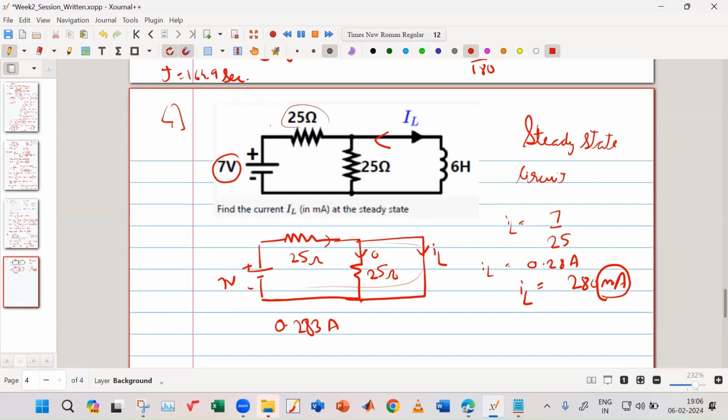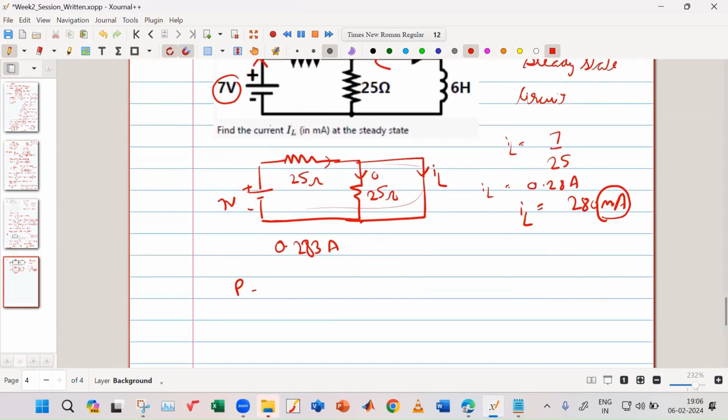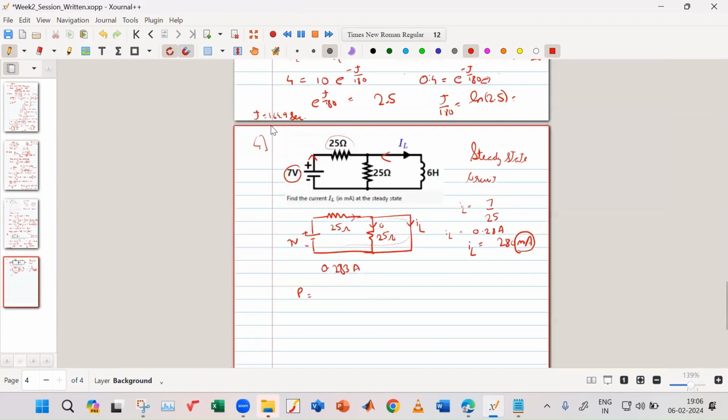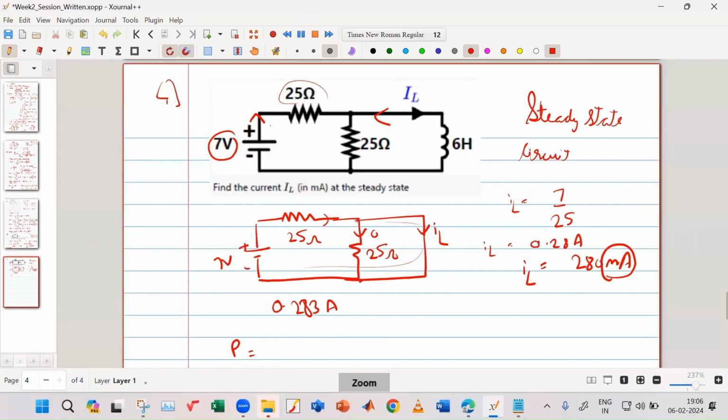The power which is delivered is the voltage into the current flowing out. What is the current flowing out? 280 milliampere. So 7 volt into 280 into 10 to the power minus 3 ampere. They are asking the power in milliwatt, so first I'm writing in terms of watt.